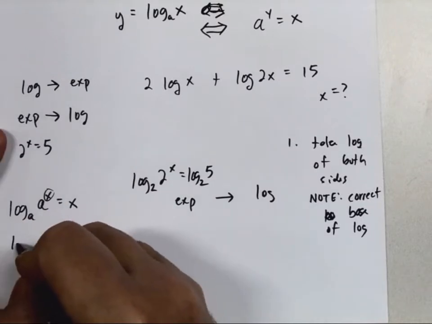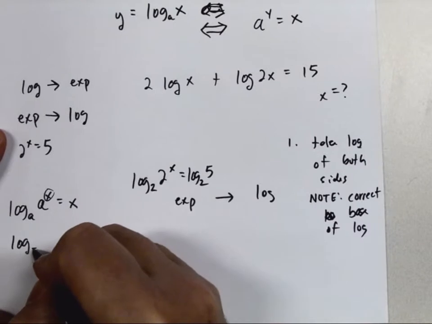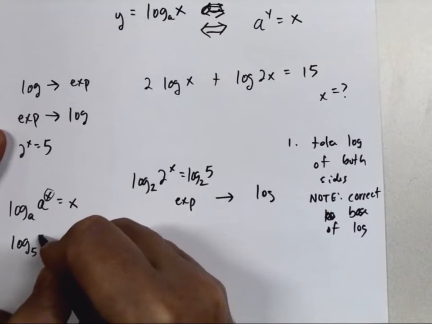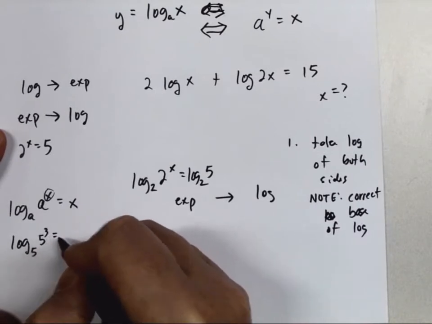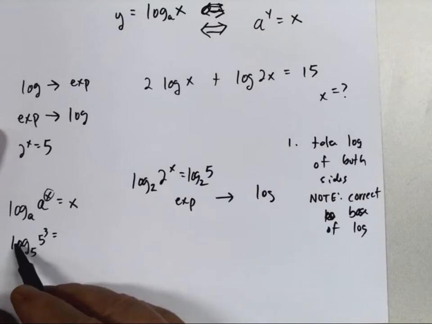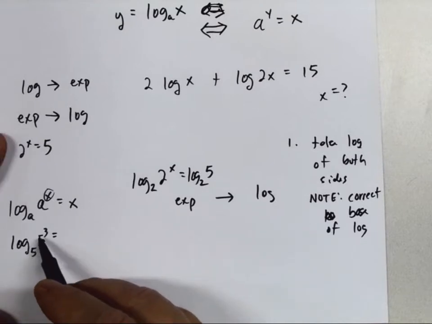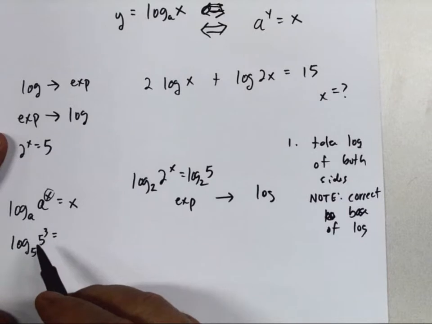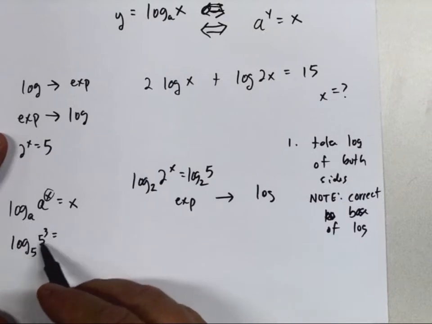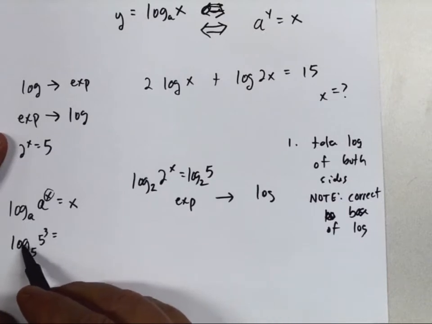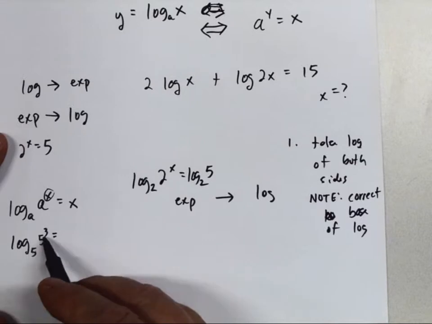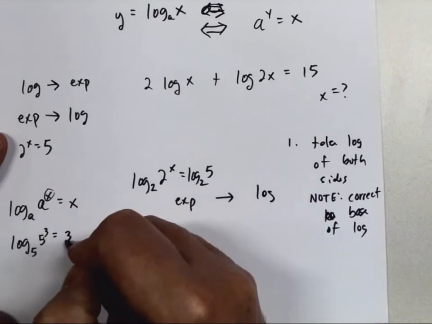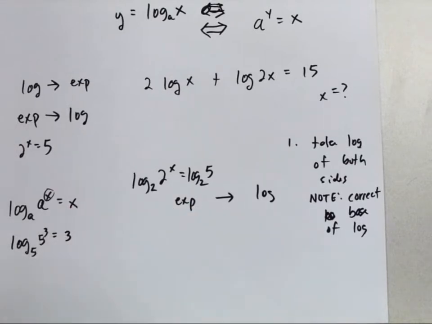So for example, log base 5 of 5 to the third. So I'm taking the log of an exponent, and the base of my log is the same as the base of my exponent. That whole thing equals 3.